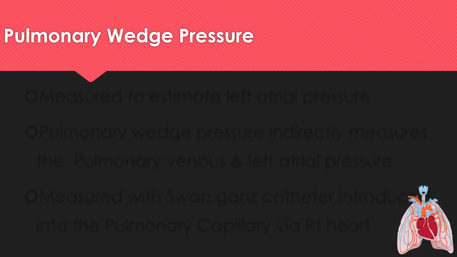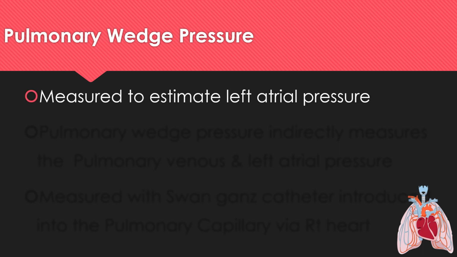Pulmonary wedge pressure. It is measured to give an estimate of the left atrial pressure. Direct measurement of atrial pressure is very difficult because it requires passing a catheter through the left ventricle, which is a complex procedure.